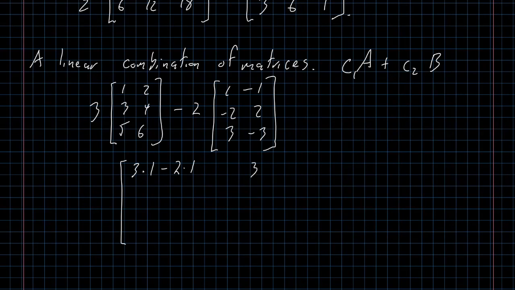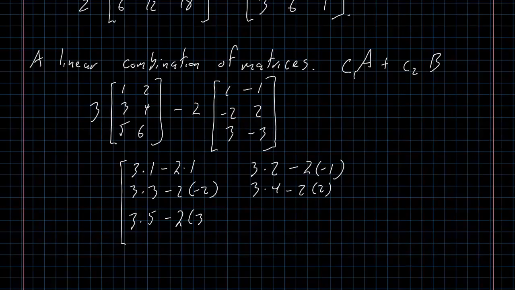We've got 3 times 2 minus 2 times negative 1. We've got 3 times 3 minus 2 times negative 2. We've got 3 times 4 minus 2 times 2. We've got 3 times 5 minus 2 times 3. We've got 3 times 6 minus 2 times negative 3.